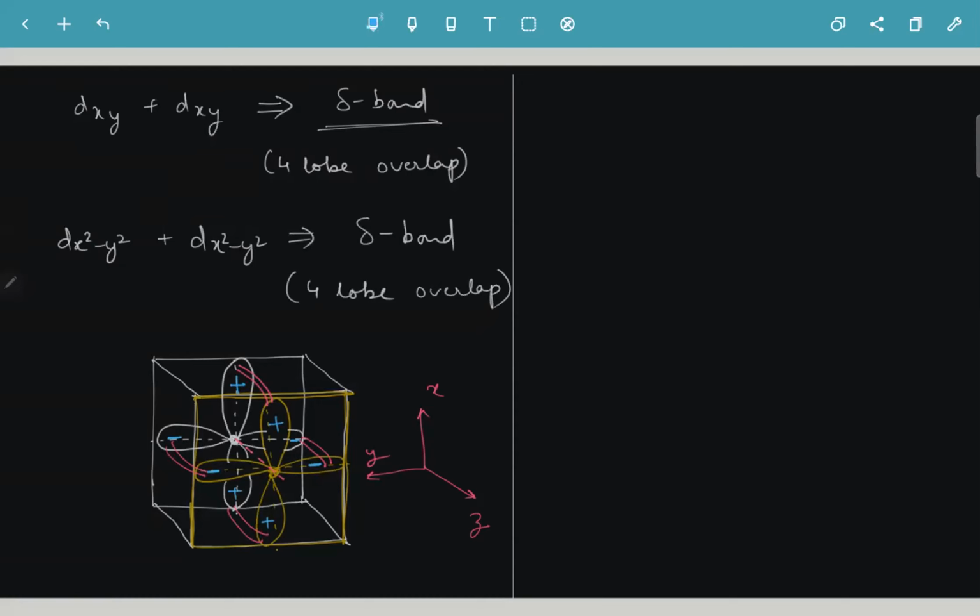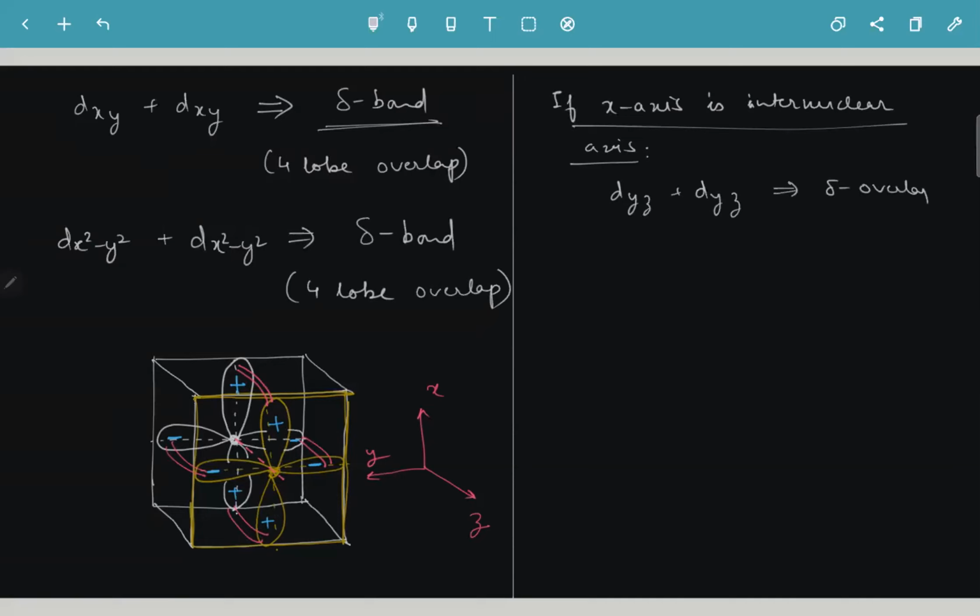Similarly, if x-axis is internuclear axis, then dyz plus dyz will give delta overlap. dxy plus dxy will give delta overlap, delta bond. dxy plus dxy will give pi bond, and dxz plus dxz will give pi bond.